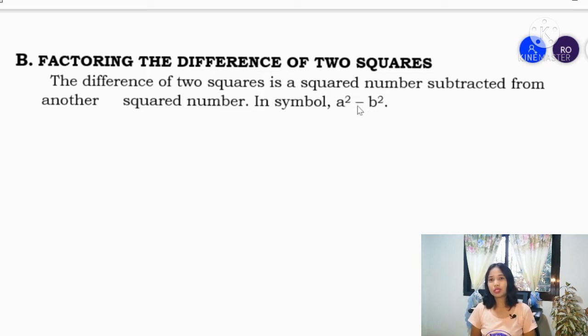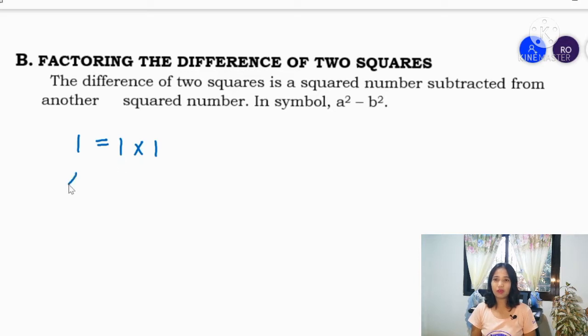When it comes to the numerical coefficient, yung number na given dito ay dapat product siya ng number na minultiply sa kanyang sarili. For example is 1. Okay, 1 is a perfect square number dahil 1 is a product of 1 multiplied by 1, or 1 multiplied to itself.